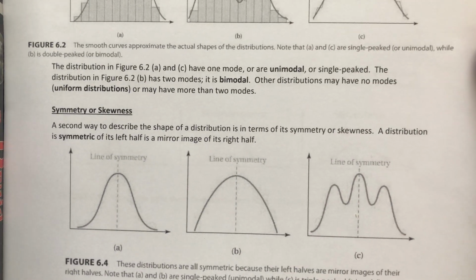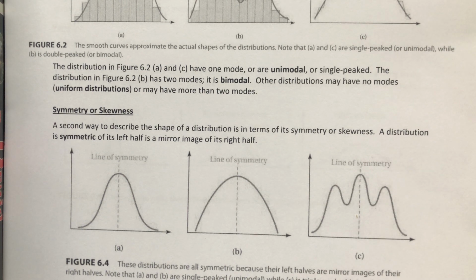All right, skewness or symmetric. If there is a vertical line in which you can fold the graph in half and have one side line up with the other, or once again fairly closely, okay, if it's not exact, we're okay with that. We want something very, very close though. Then we say it is symmetric.